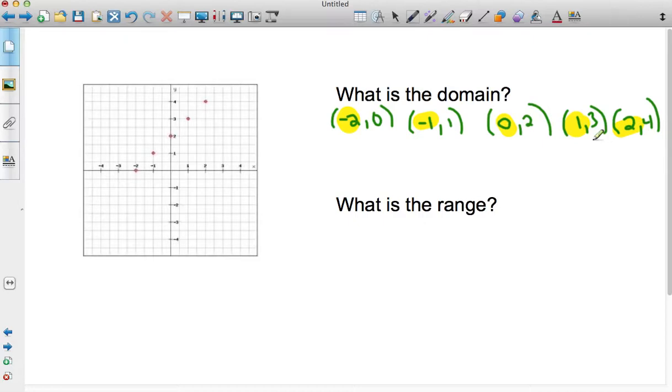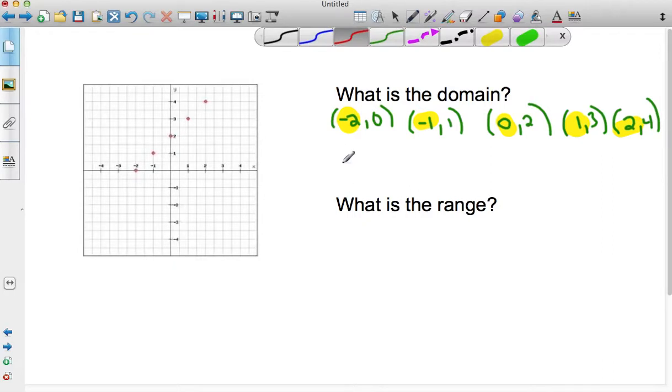When you look at it, you would simply say the domain, whoops, I need to change out of this. Sorry, we'll try that one more time.